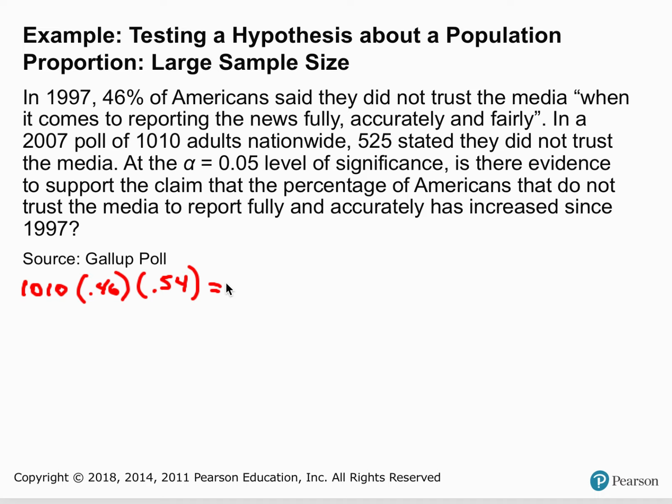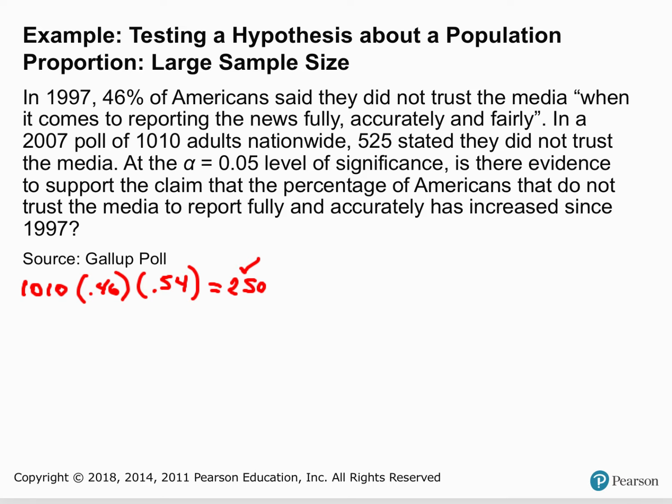That is 250 point something, so check. And we're talking about American adults, and we have a sample of 1,010. That's way less than 5%, so we can assume that this is normally distributed.